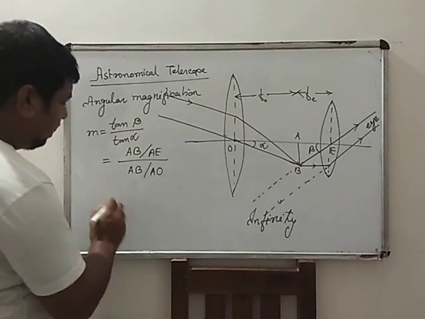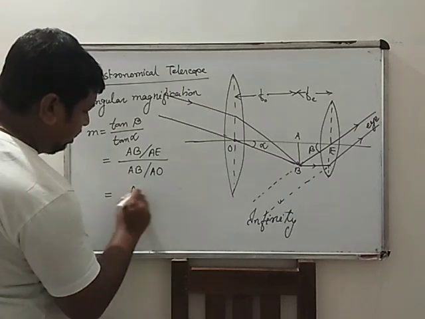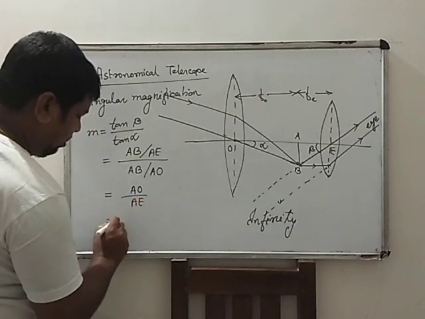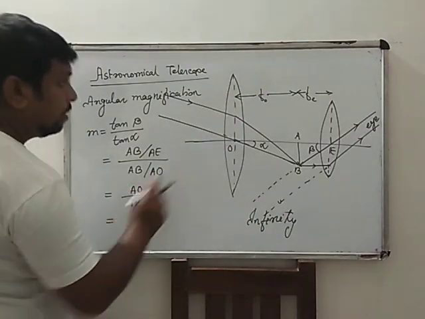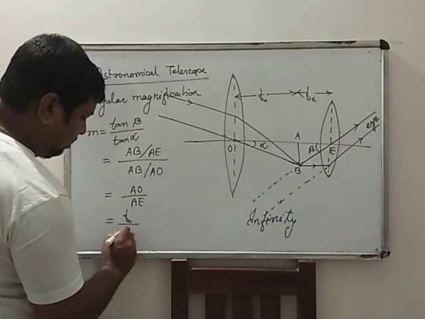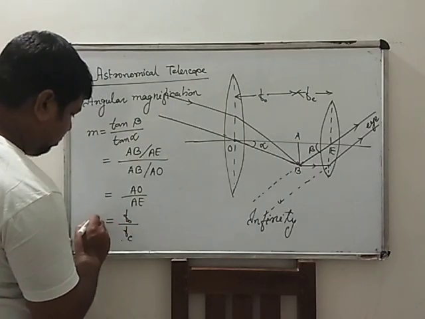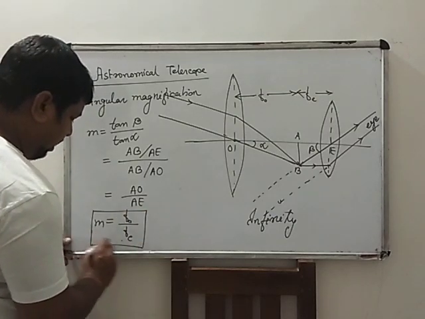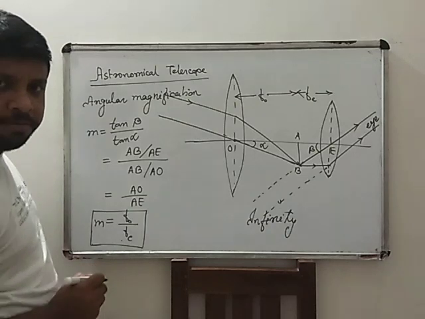Then AB cancels, and we get AO by AE. So AO means F naught and AE means Fe, where F naught is the focal length of the objective and Fe is the focal length of the eyepiece.